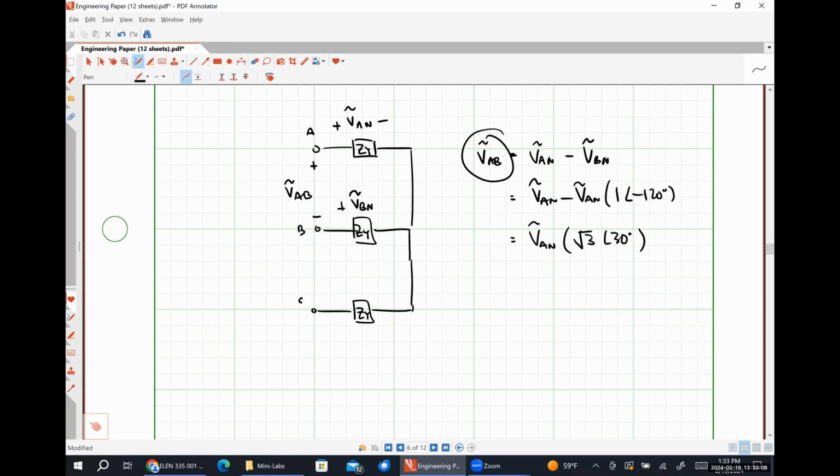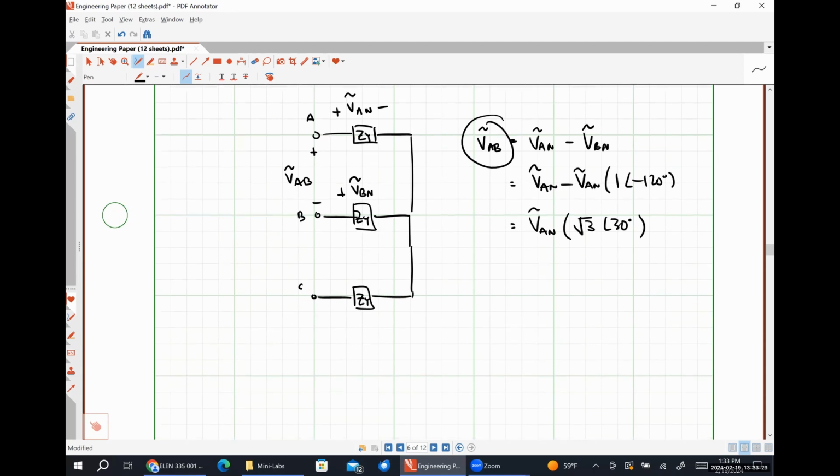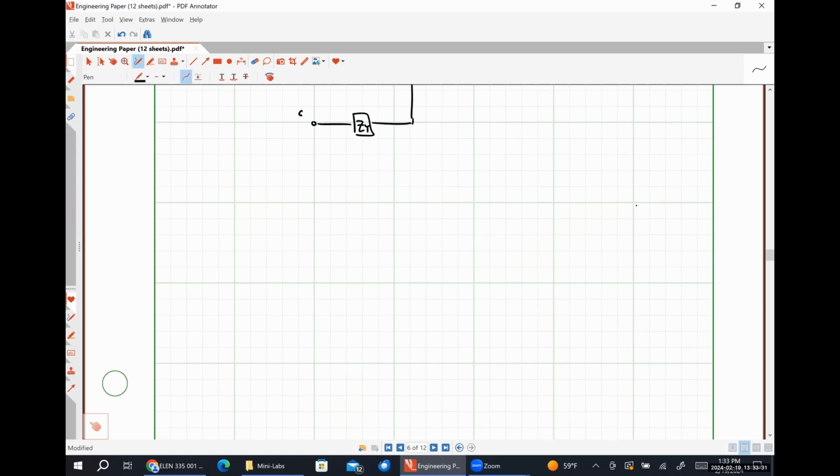Question: the other day in class, when we did this equation, VAN equals line current times impedance Y, why did we use that, instead of using the line current here? The question that was just asked was, the other day we had a circuit that looked something like this.